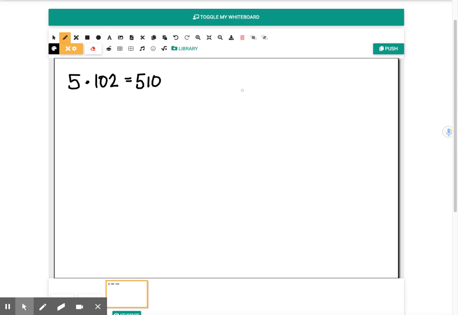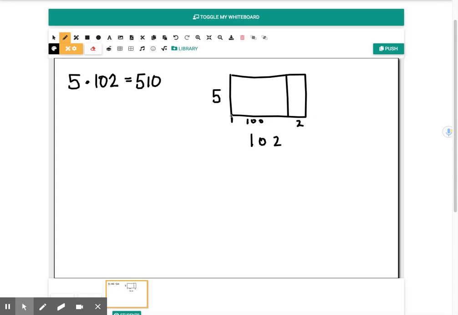And what does that look like visually in my head? Well, let's make an area model, your favorite area model that you guys have drawn when you were in third grade. I'm going to make my width 5 and my length has to be 102 because that's what the problem is asking. But I don't know 5 times 102 unless I break this down into 100 and 2.